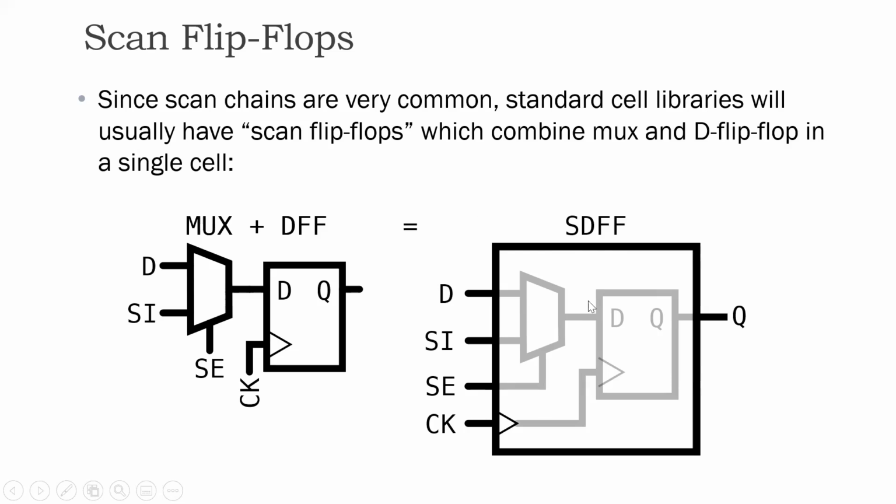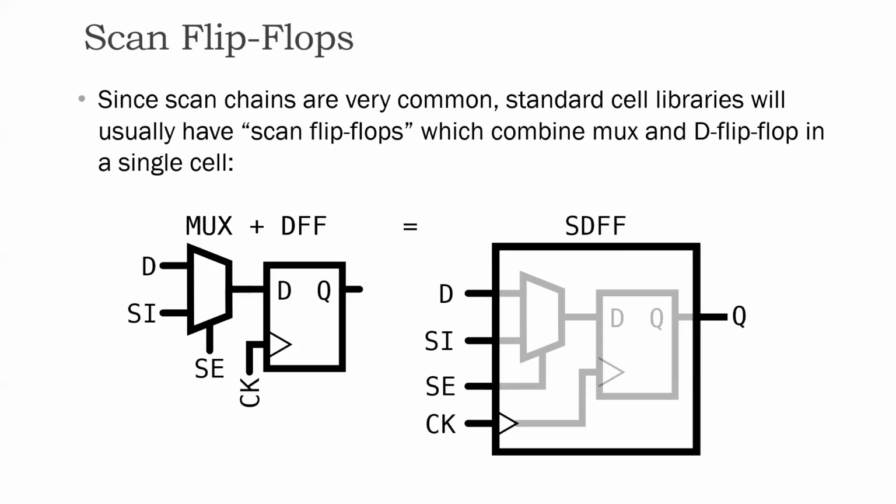So this combination is optimized in some fashion in terms of area and delays, and then these cells are in the library. So when you do synthesis, you would have to tell the synthesis tool whether or not to use SDFFs, and the dot lib will indicate which input pin of the SDFF is the scan input and which input is the functional input.